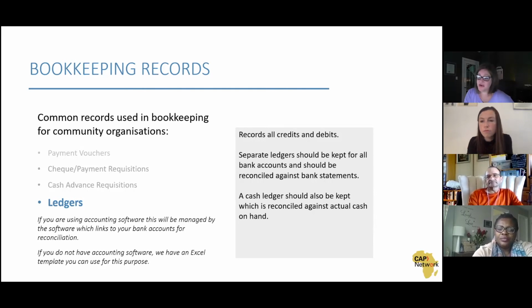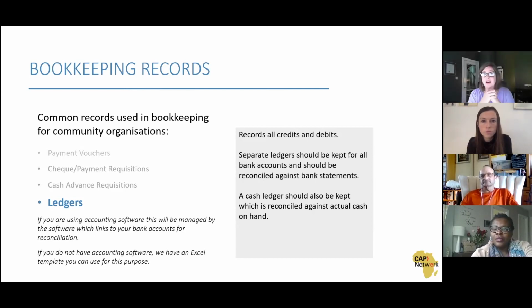And for Mark's question, do the ledgers also match expenses against the budget? They should. So the budget codes that you have should match what is in your budget so that you can do a reconciliation of expenses for your project budget.